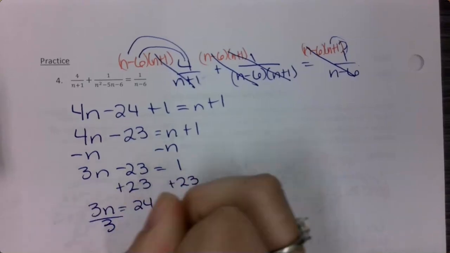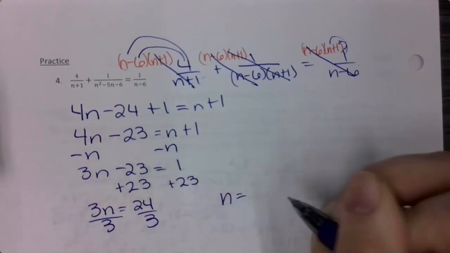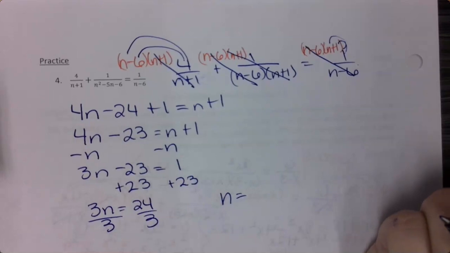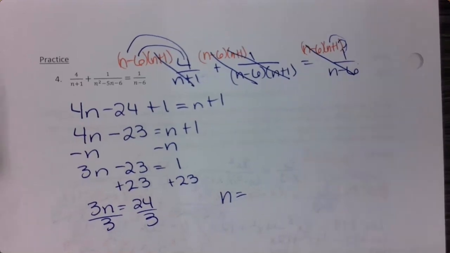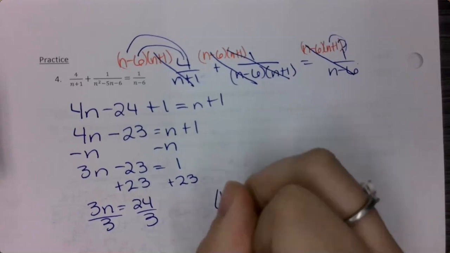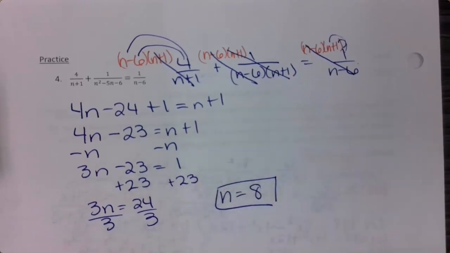Divide both sides by 3. I get n equals, does 3 divide 24 nicely? You sure? It does. It's 8. Questions here?